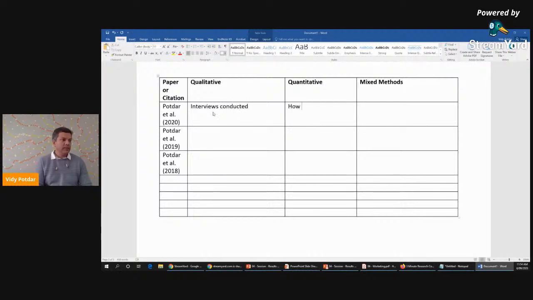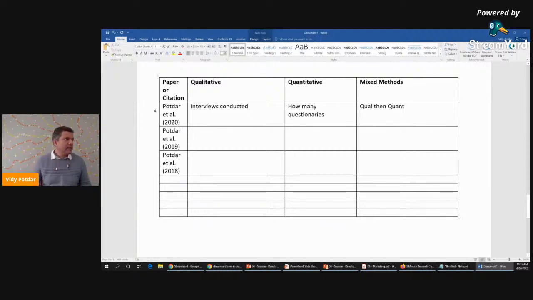Quantitative, maybe how many questionnaires were sent. And if it was mixed methods, you can say which was done first, qualitative then quant, or the other way around. So this will give more detailed information from the methodology point of view of all these things.